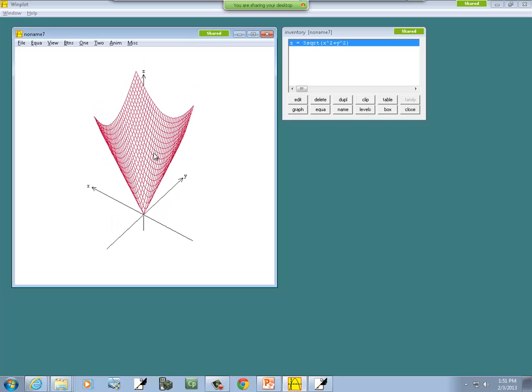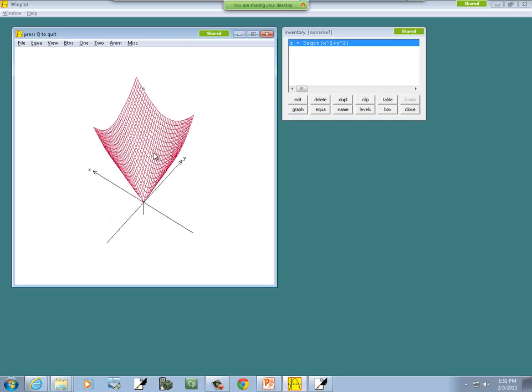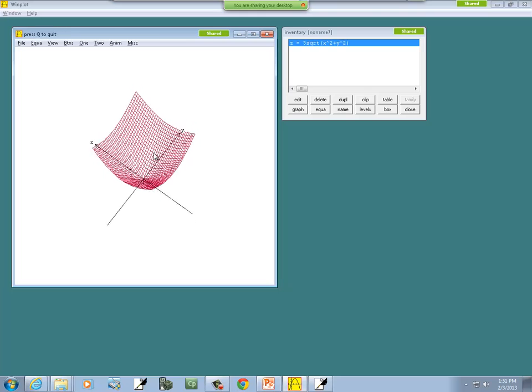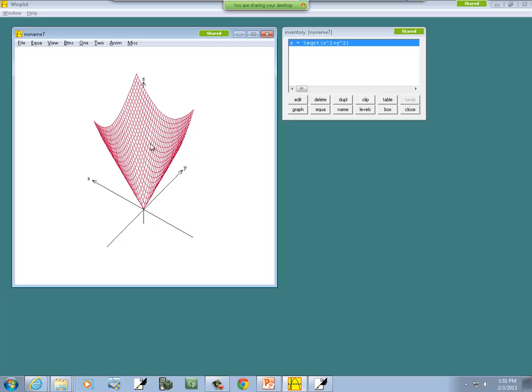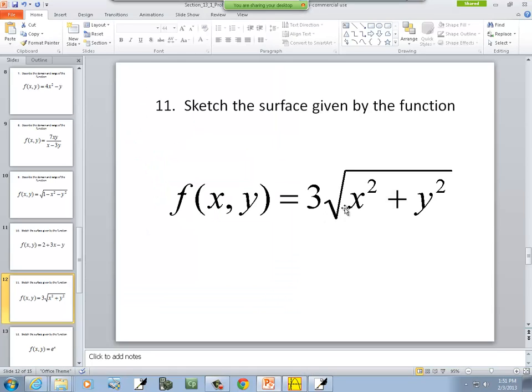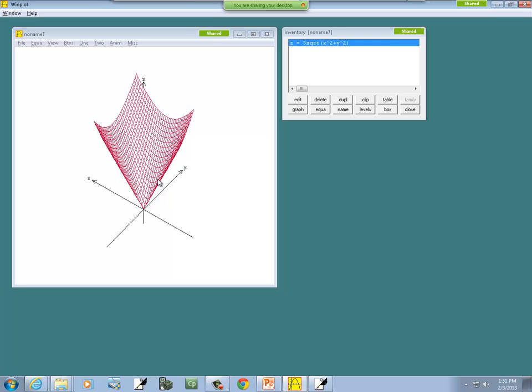As I start rotating it, you can see a circular pattern there until it becomes a square. So it begins at a point. Well, then as it goes up, if I put 1 here and 1 here, this is a circle, and so it becomes a circular pattern, and you can kind of see that.